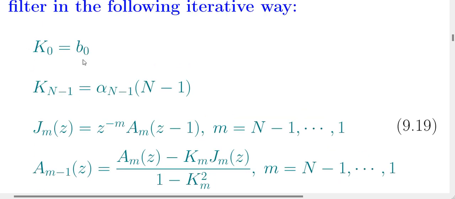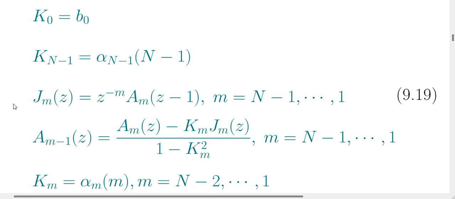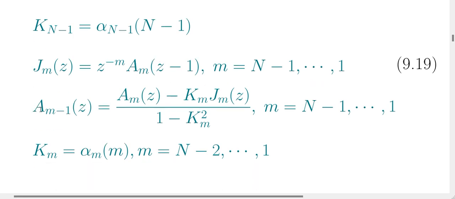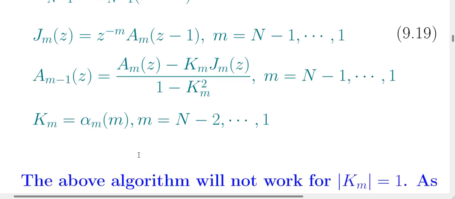K0 is equal to B0, K n minus 1 will be equal to alpha n minus 1 of n minus 1, and Jm of z will be equal to z to the power of minus m times Am of z to the power of minus 1. And Am minus 1 of z is equal to Am of z minus km times Jm of z over 1 minus km squared. And km is equal to alpha m of m.